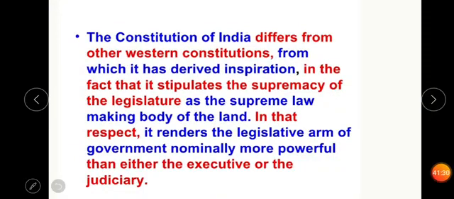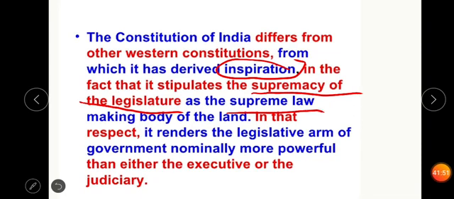Now on that basis we can say that the Constitution of India differs from other Western constitutions from which it has derived inspiration, in the fact that it stipulates the supremacy of the legislature as the supreme law-making body of the land.